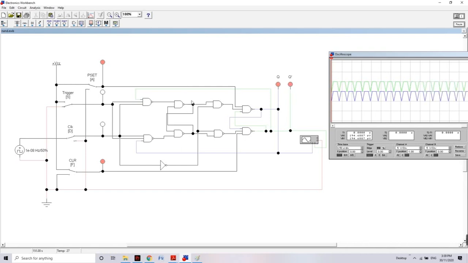When the preset is equal to 0 and clear is equal to 1, the preset is activated and Q is immediately set to 1 no matter what conditions are present. So the clock input cannot take effect while preset is equal to 0. As you can see, the value of the Q here stays stagnant while the Q prime is blinking. And then, when the preset is equal to 1 and clear is equal to 0, the clear is activated and Q is immediately cleared to 0, independent of the conditions of the other inputs, and the clock input has no effect while clear is equal to 0.